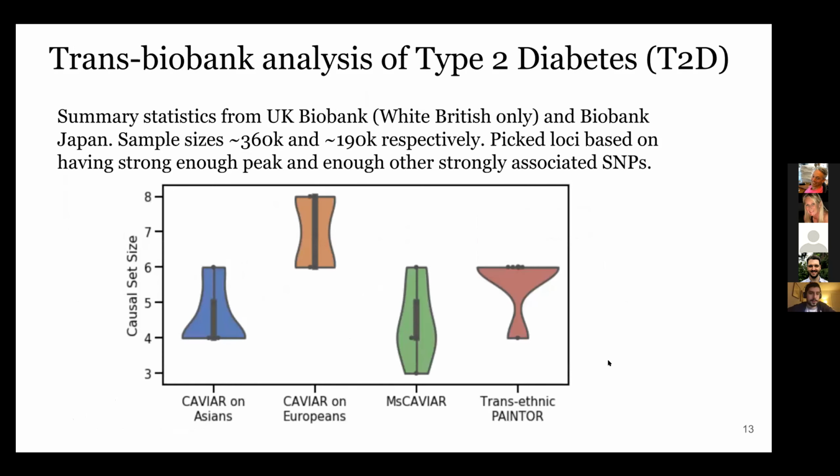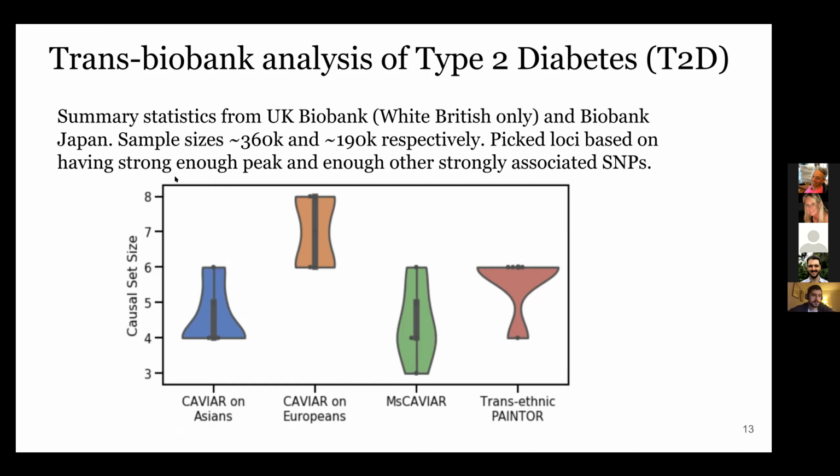And then just real quickly, we did some real data analysis, a trans-biobank analysis of type 2 diabetes. So we took summary statistics for GWAS on type 2 diabetes from the UK Biobank using white British people only, and from Biobank Japan. The sample sizes for these two studies were 360,000 people and 190,000 people respectively.